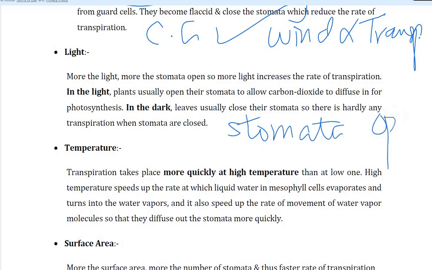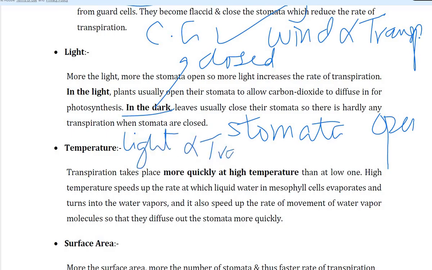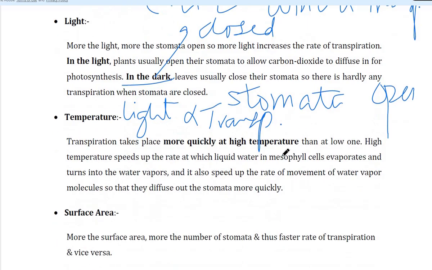And when there is dark, stomata are closed. So, light is also directly proportional to rate of transpiration. More light, more rate of transpiration. Less light, less rate of transpiration.